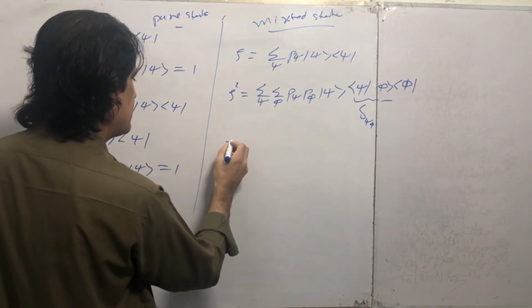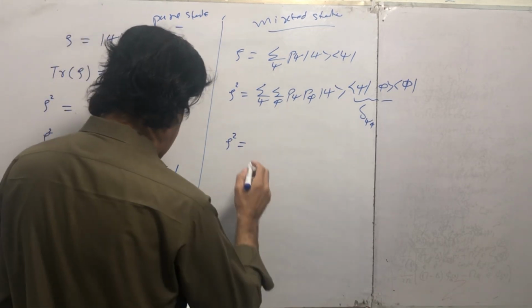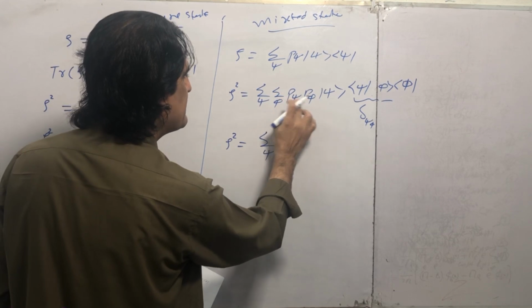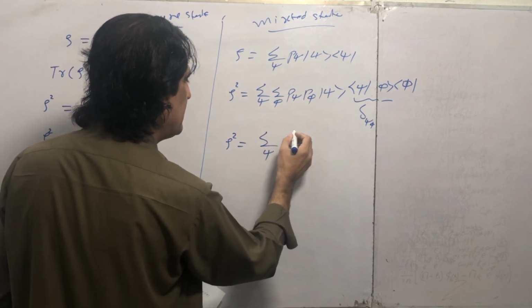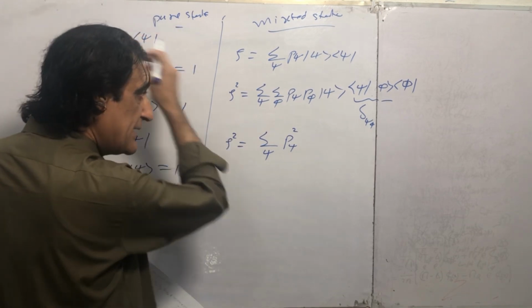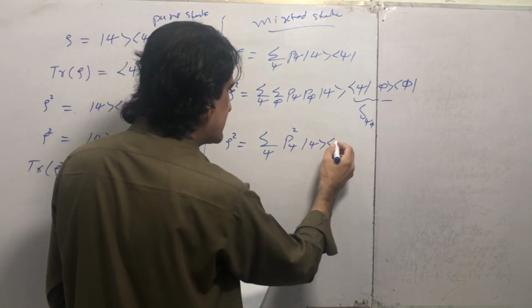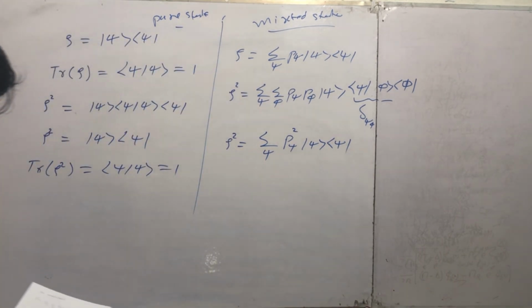Then rho squared is the summation of p_psi squared times |psi><psi|.